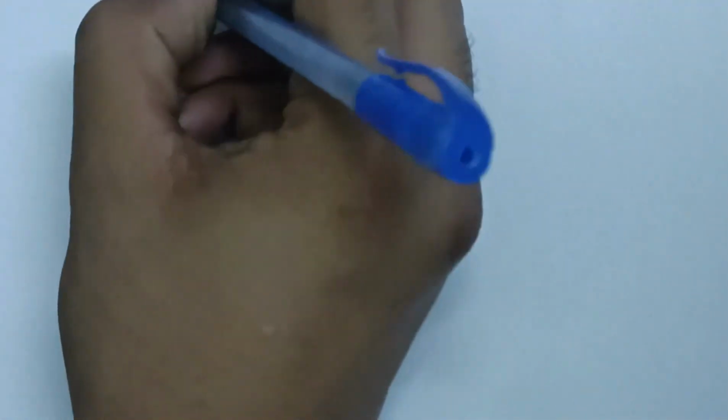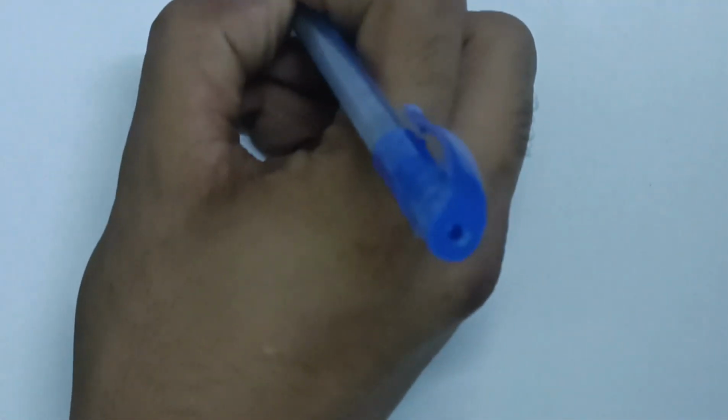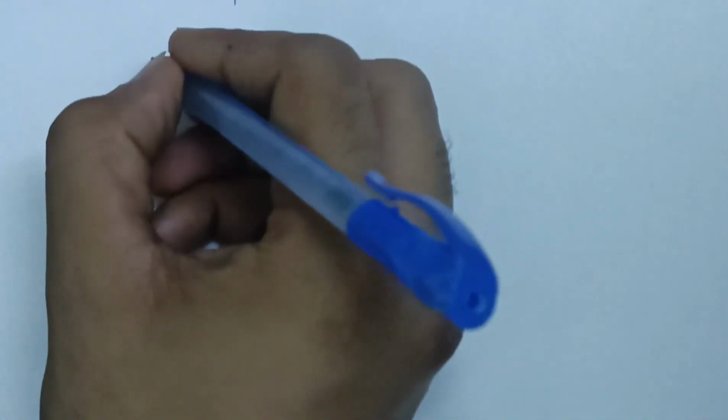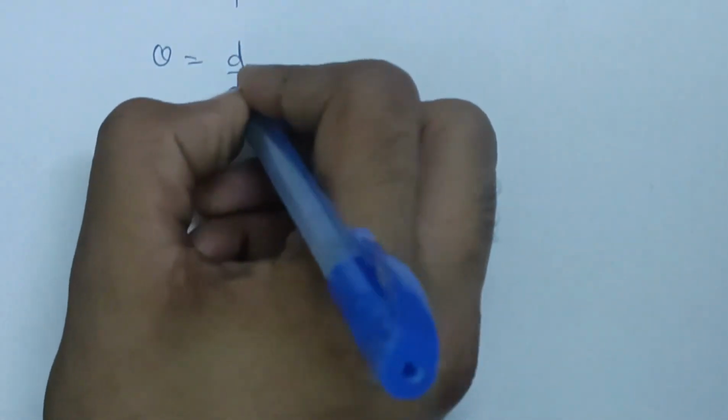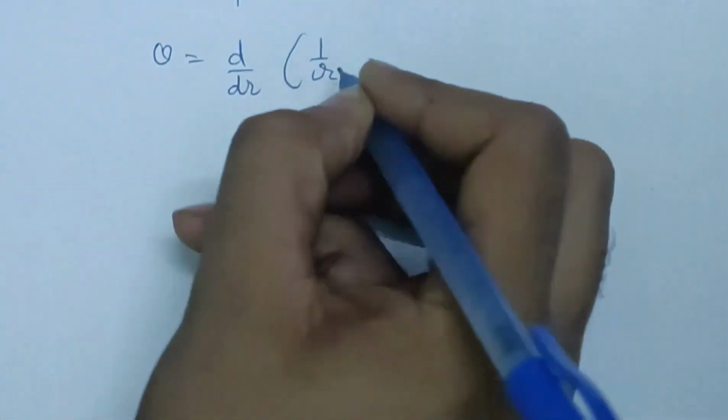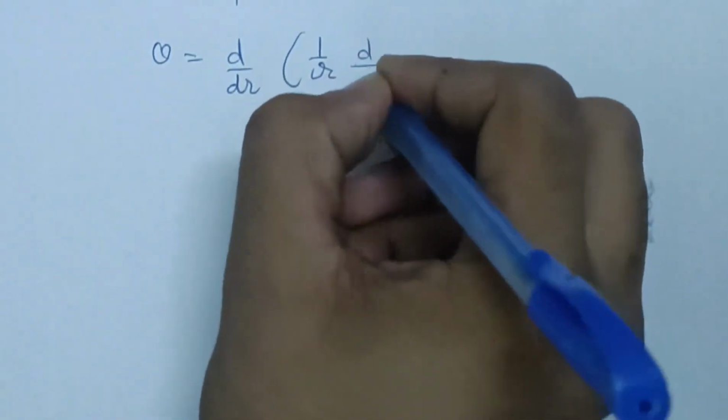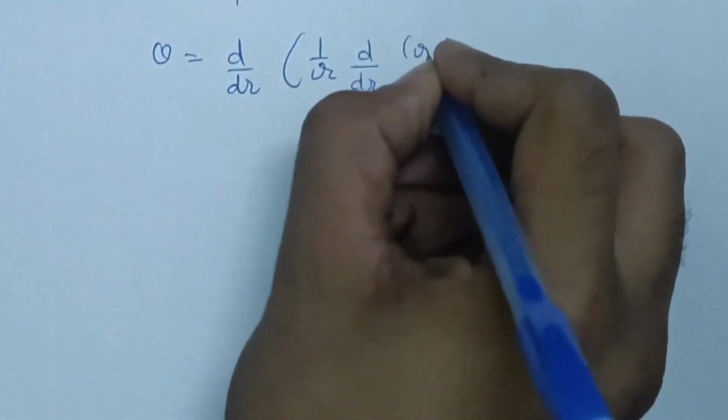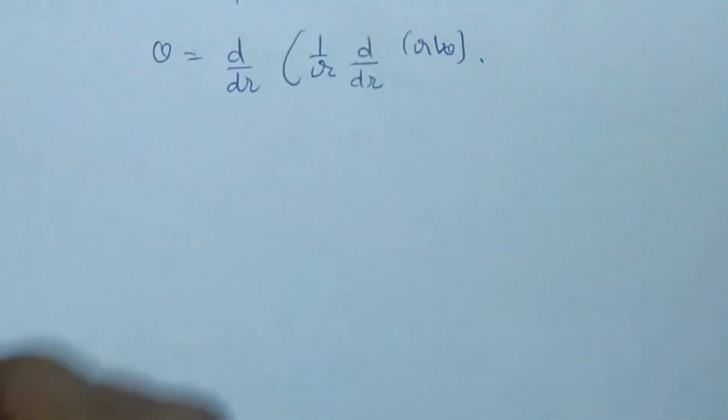So for the theta component, the equation we have is 0 is equal to d by dr into 1 by r d by dr into r v theta. Now we will integrate this equation.